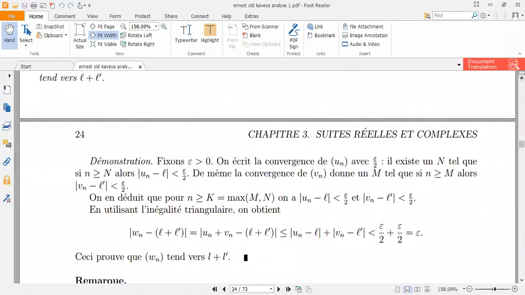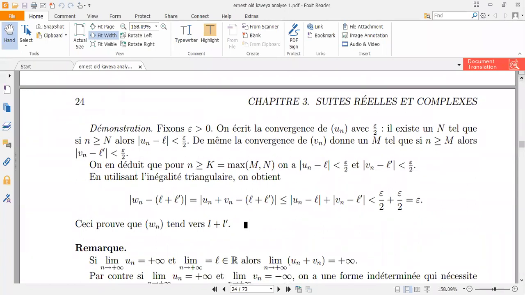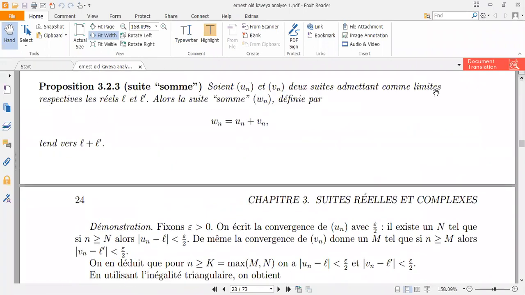Just as always, we know that whenever we're looking at sequences with limits, we have to define them. And how do you define a limit of a sequence? You have to first define each part, because in this equation we have Un, we have Vn, we have been given L and L prime, and we have Wn, which is the addition of Un and Vn.